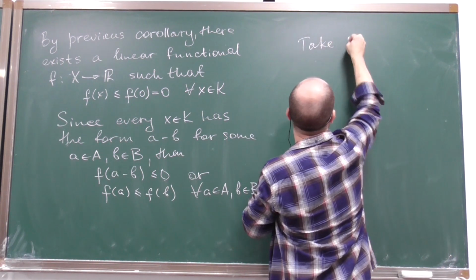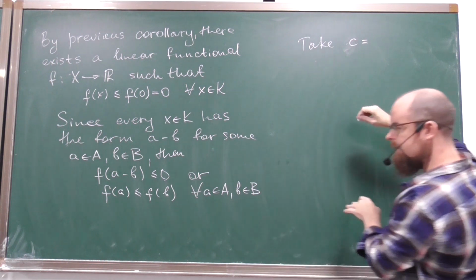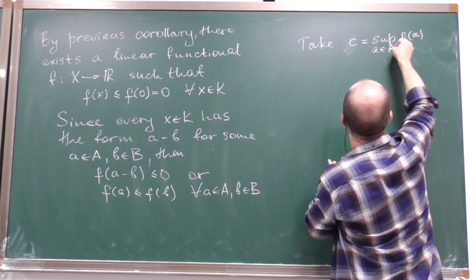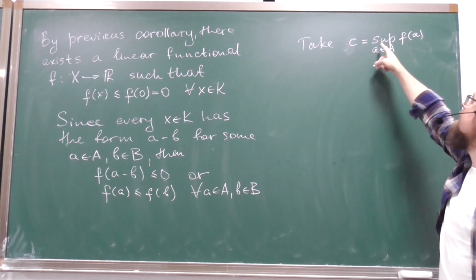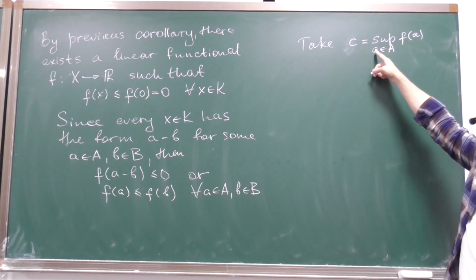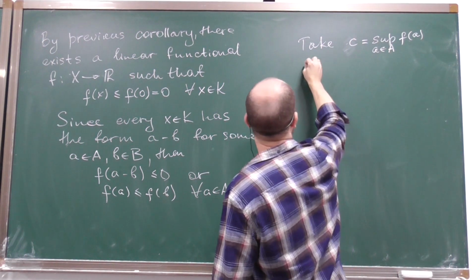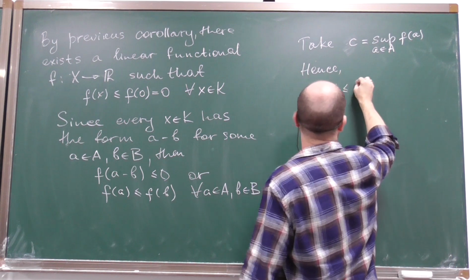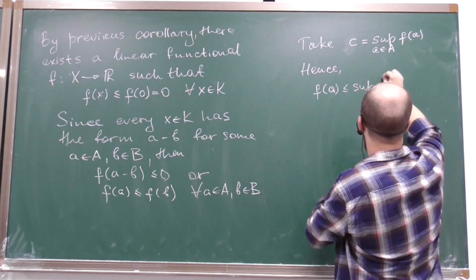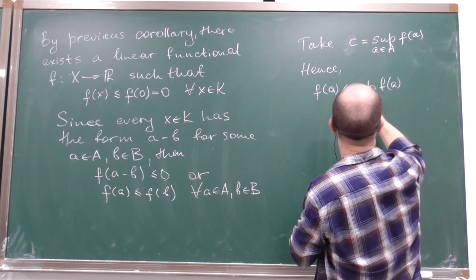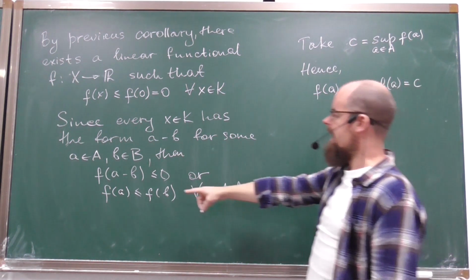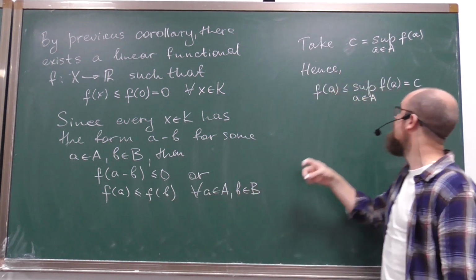So let us take C to be the supremum of f of a over all a from A. Or equivalently, we can take the infimum of f of b over all b from B. Hence, f of a is less than or equal to the supremum over all a from A, which is C. But f of a is less than or equal to f of b for any a and b.